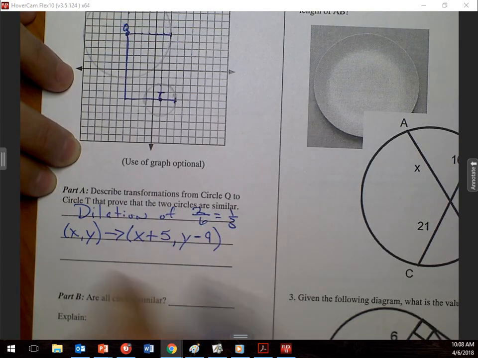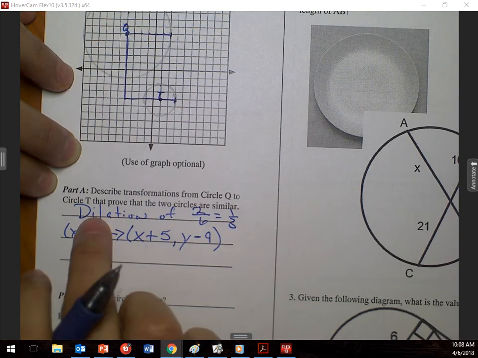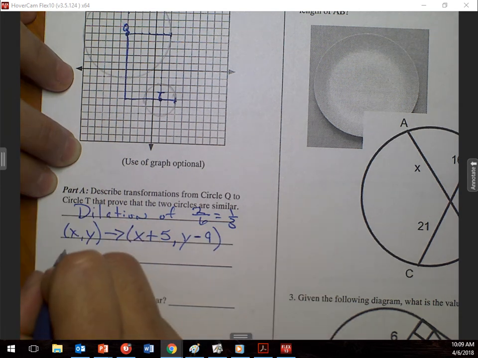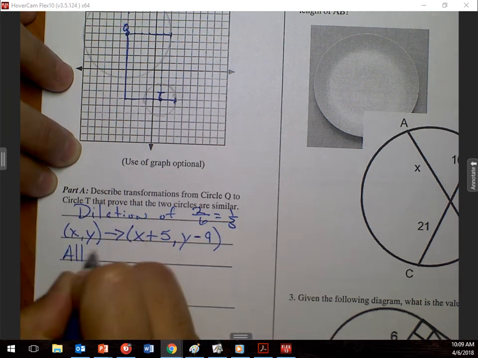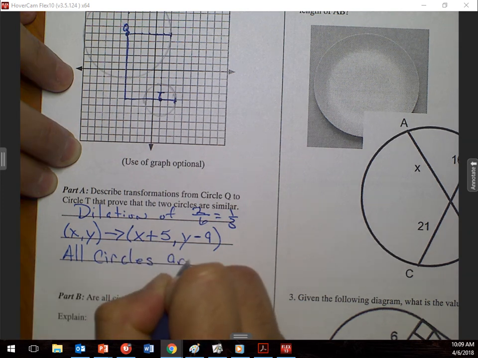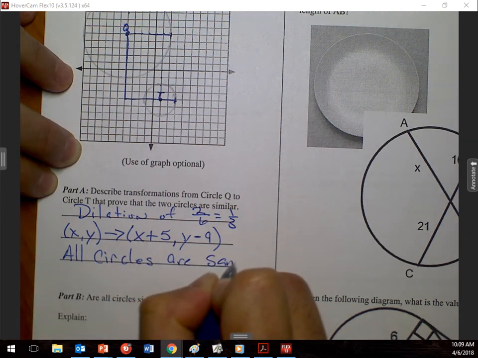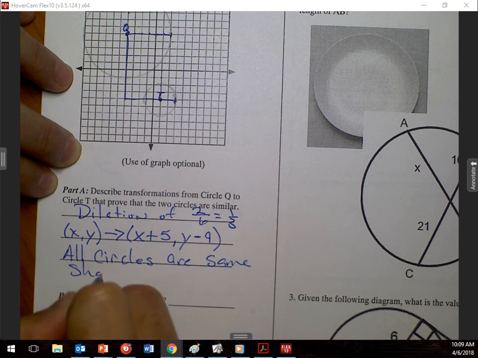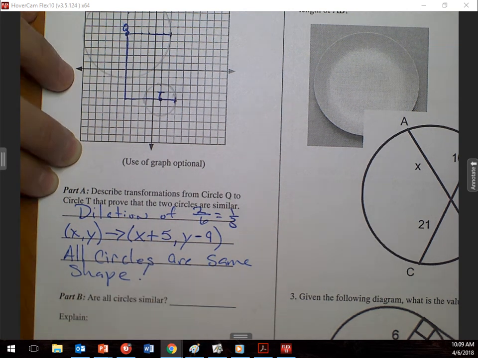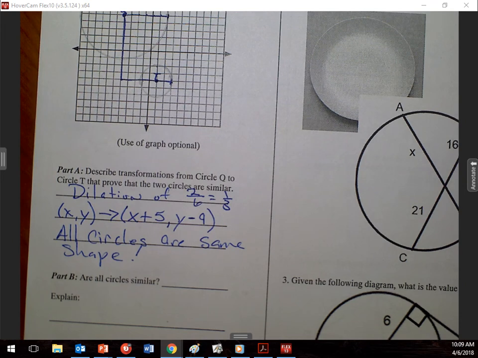So this is right here, and because of that, all circles are the same shape. All circles are always similar because they're always the same shape.